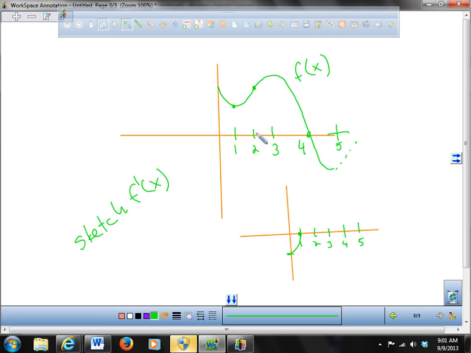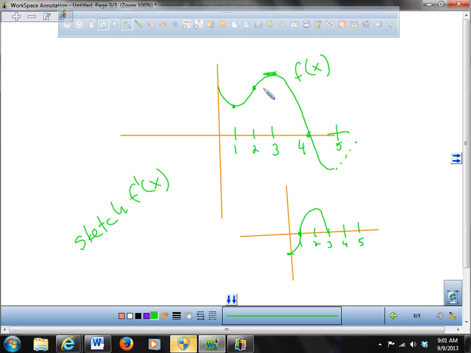At 2, the slope is negative or positive? Positive, okay? And it's going upwards, something like this. But then right here, the slope is still positive, but it starts getting less positive. And back at 3, the slope again is 0. See that?